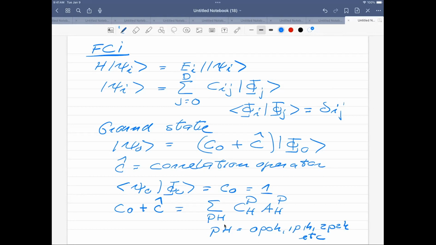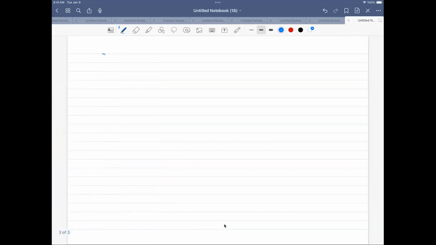So this operator, when we wrote it out, if we now skip the term which is C0, which is just a constant, and we look at this specific operator C hat, the so-called correlation operator in terms of particle-hole excitations, this is something which we could then rewrite in terms of 1 particle, 1 hole. So that had a C_i^a, and then we have an a_a^dagger a_i, and this continues all the way till n particle, n hole excitations.